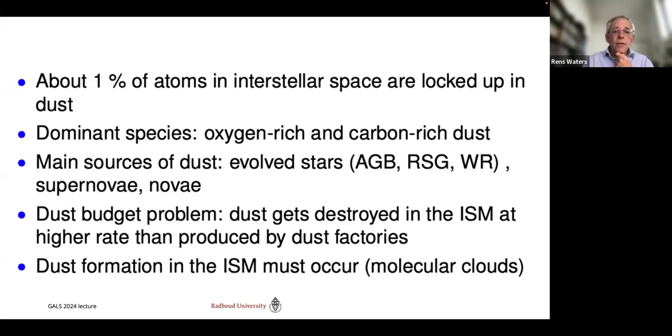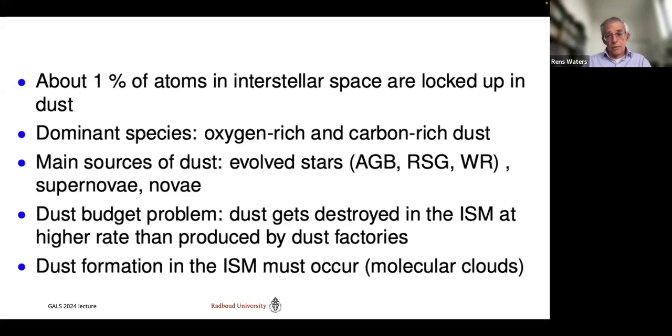If you ask what interstellar and circumstellar dust is made of, if you focus on interstellar dust, there are actually two dominant species. One is oxygen-rich, built up from a SiO4 tetrahedron. That's the main building block. And then we have carbon-rich dust, which can have different structures.